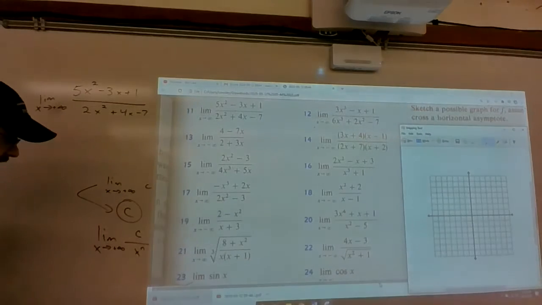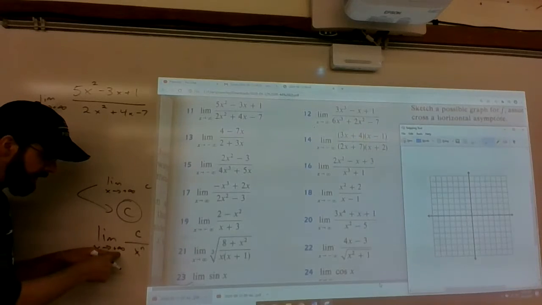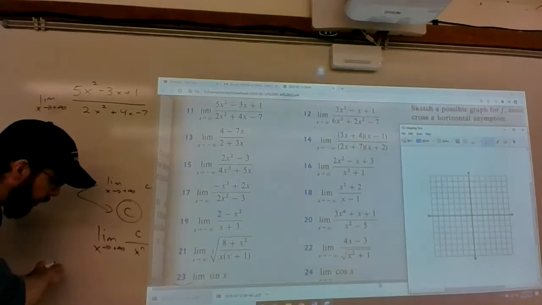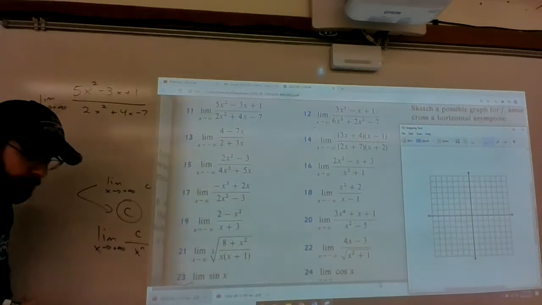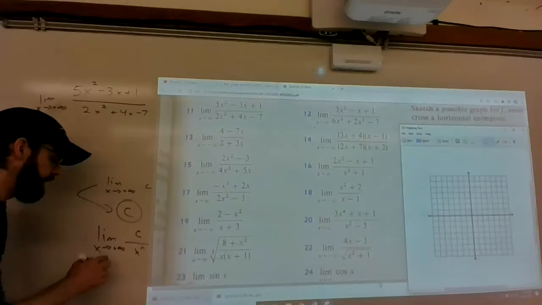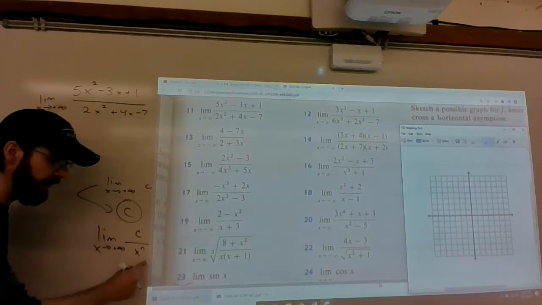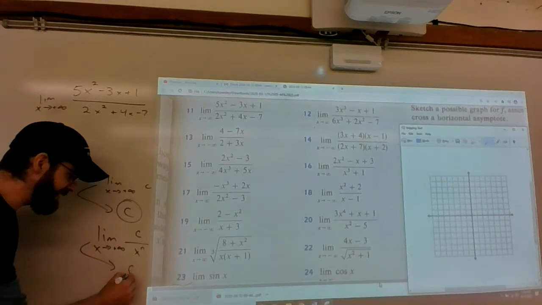If you have a constant on top of a fraction and a bigger power of x on the bottom, you can say there was a horizontal asymptote at y equals 0. I talked about it in the previous video. It's a constant divided by an infinite value, a value that just keeps getting bigger and bigger. It approaches 0.